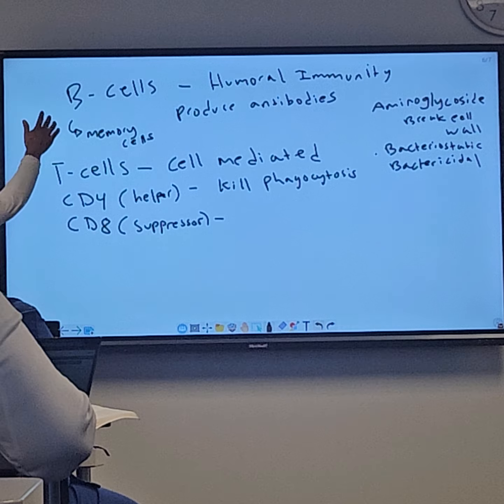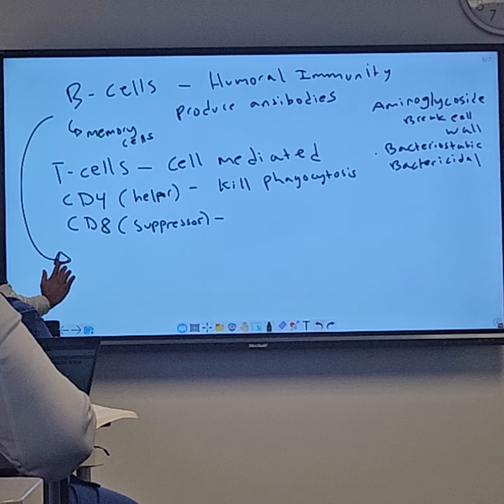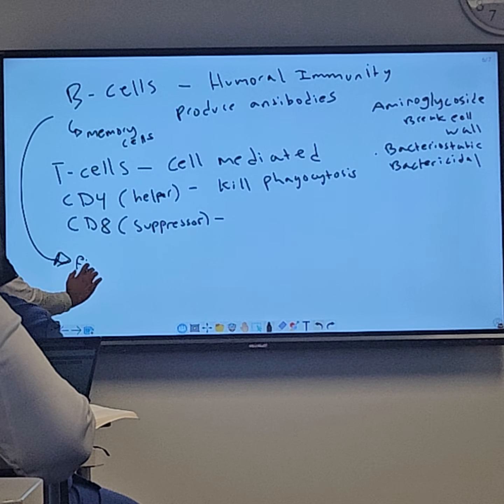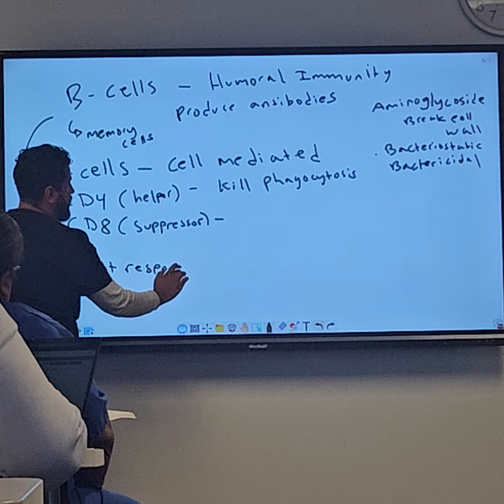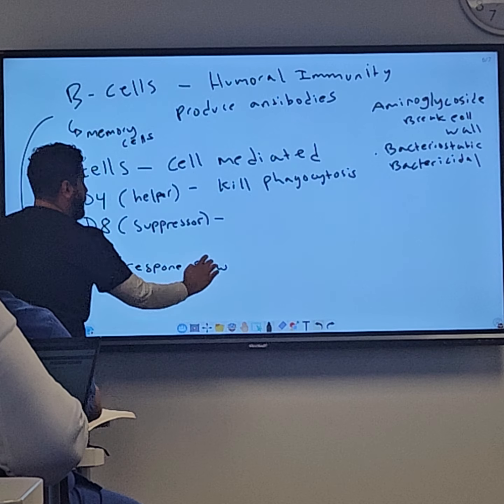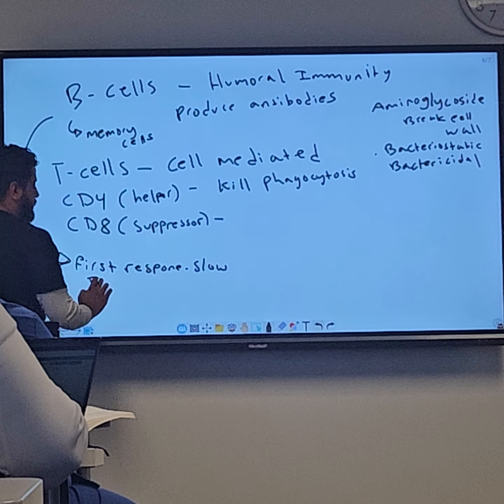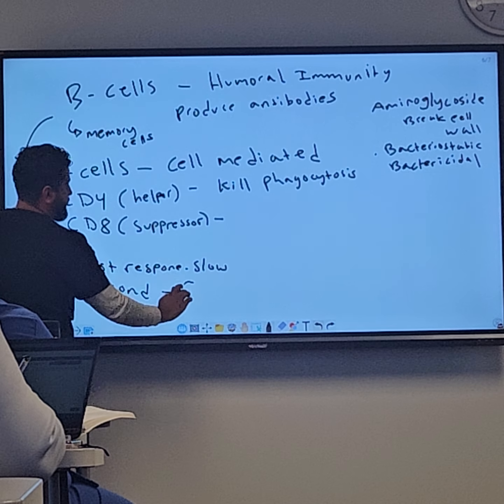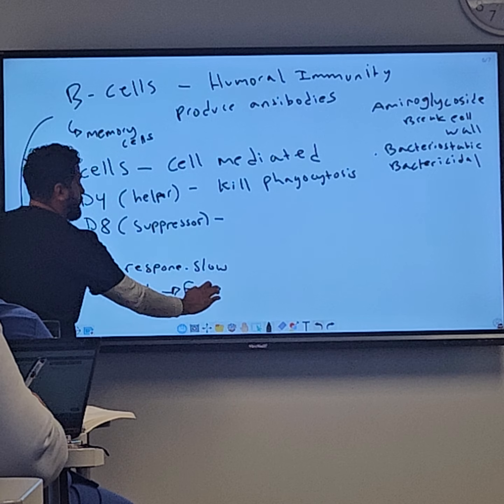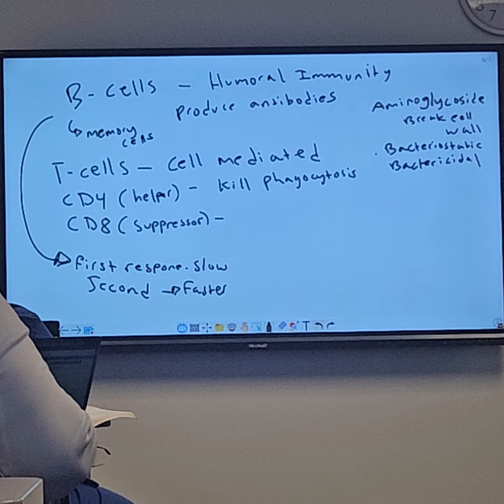So the first response to a new infection can be slow. But the second is a lot faster, because it now remembers the immunity.